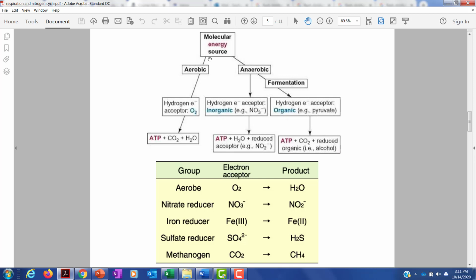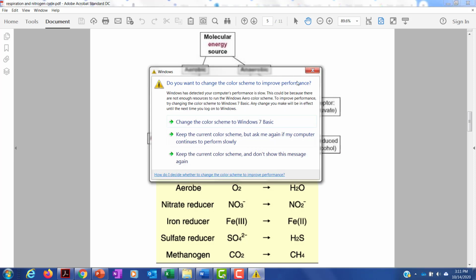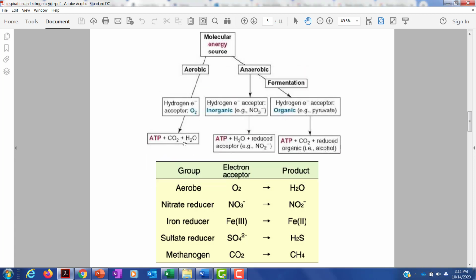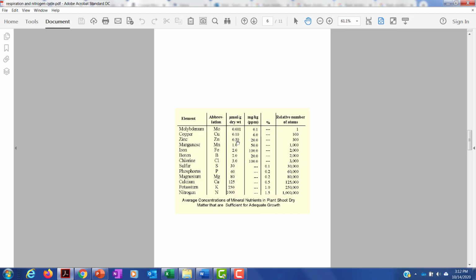And if there's oxygen available, you go down this aerobic pathway, and you end up making carbon dioxide and water. If oxygen is depleted, you'll end up going down the anaerobic pathway. And what that is, you end up using different electron acceptors, is the term, and end up producing other products.